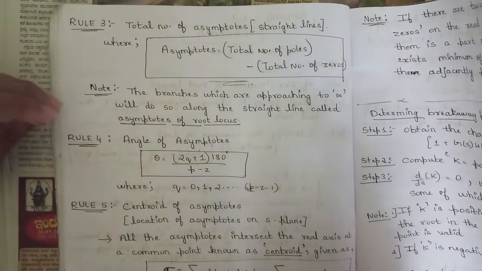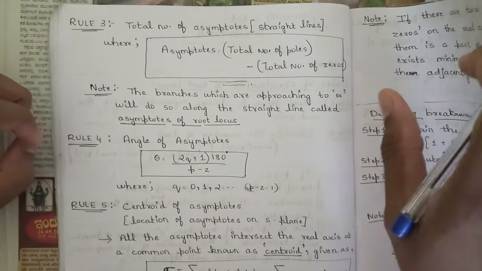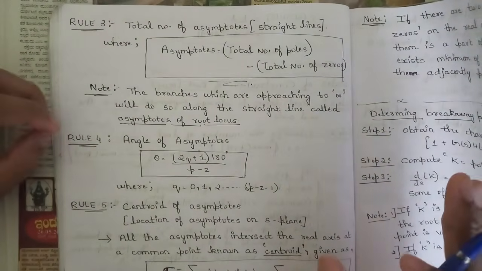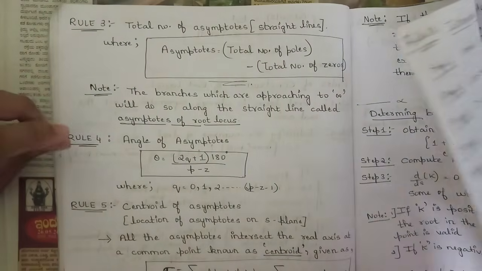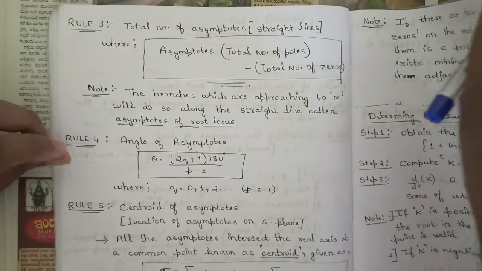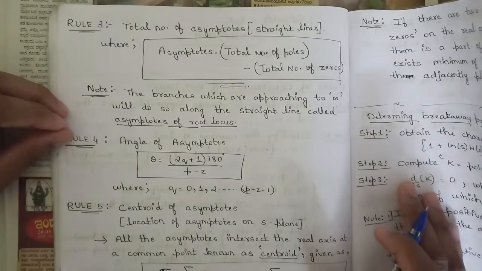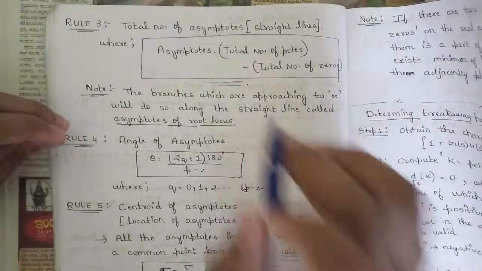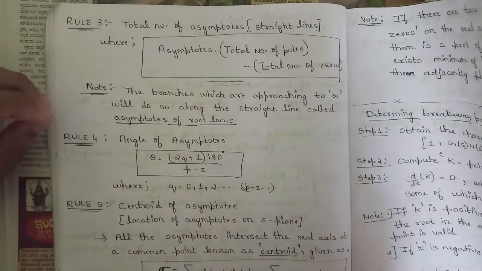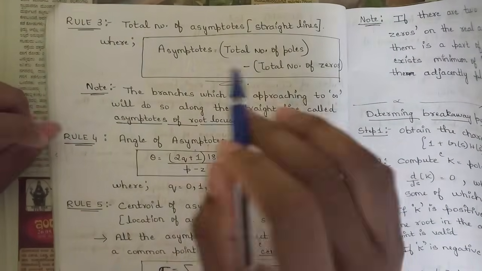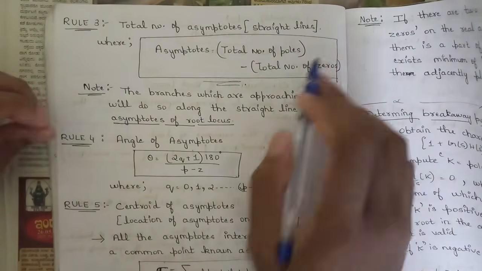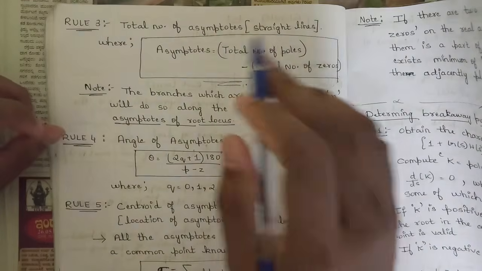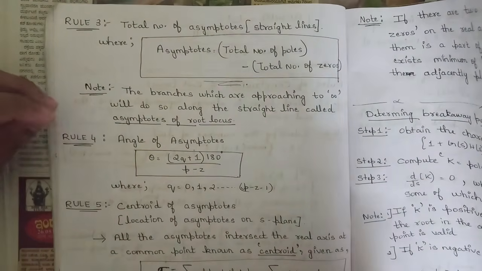In the root locus graph we construct a few straight lines to set the direction in which the branches approach infinity, and they are called asymptotes. We can calculate the number of asymptotes as the total number of poles minus the total number of zeros, which gives the number of straight lines in the plot.